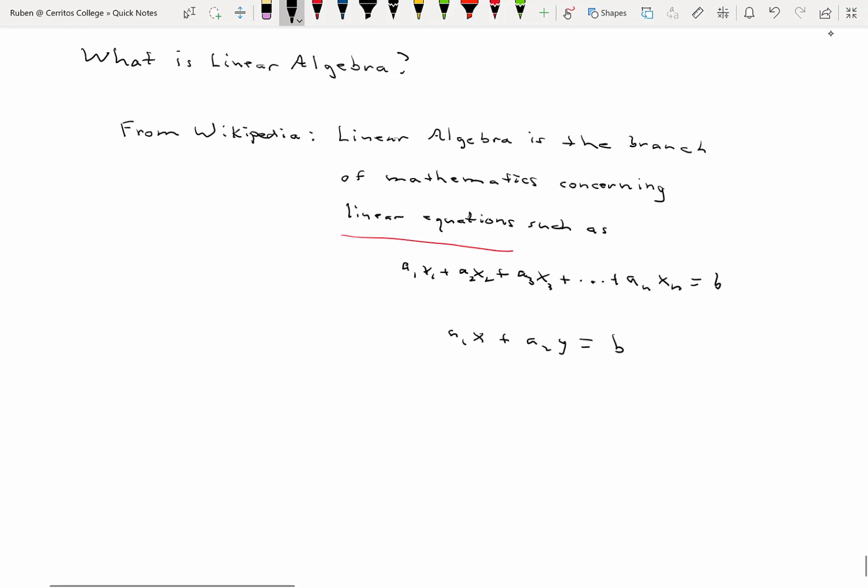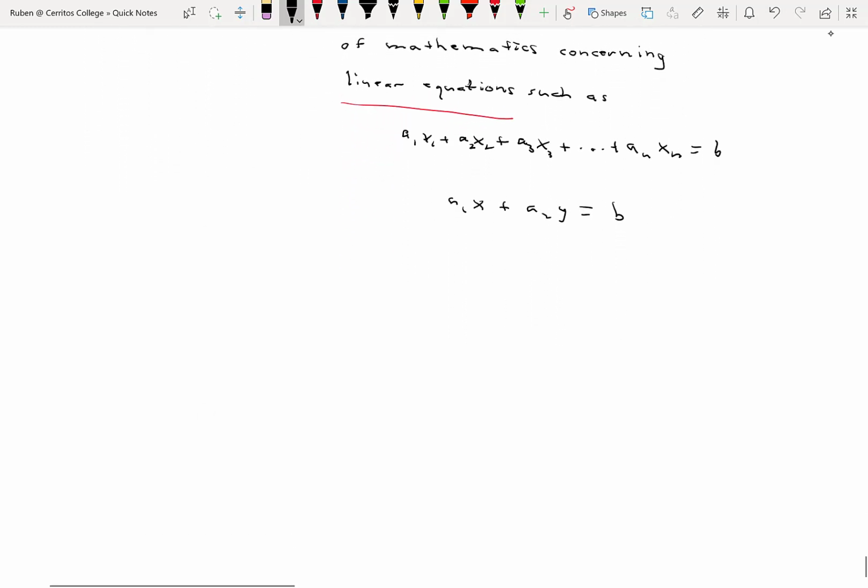Central to the branch of mathematics linear algebra are 2 very large items. The first are called matrices, and the second big idea is called vectors.